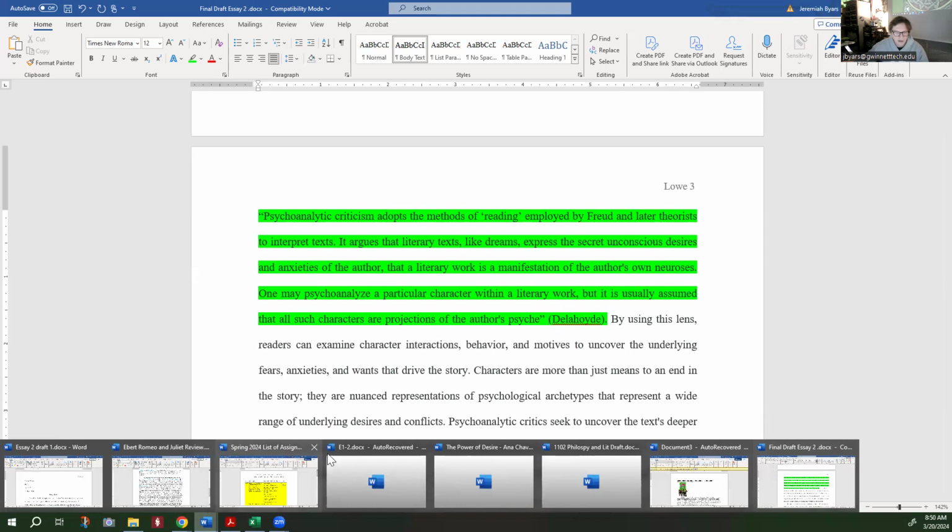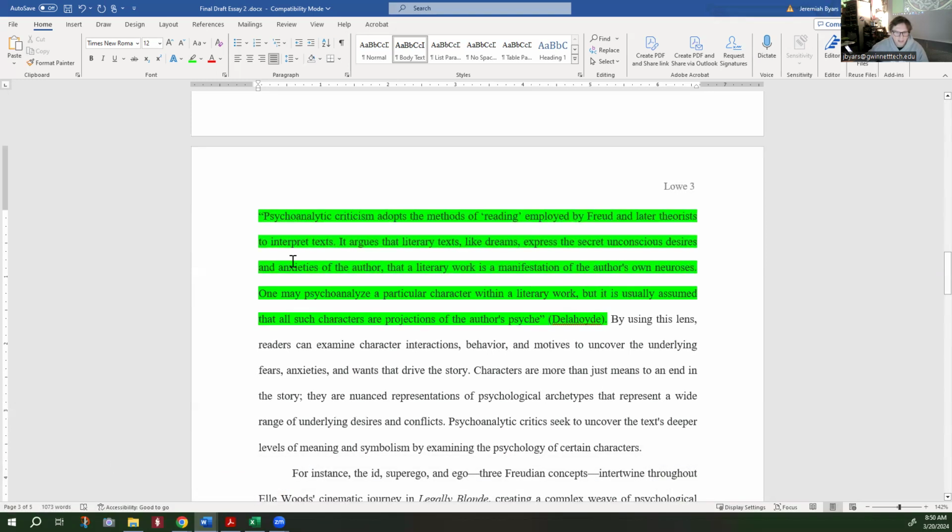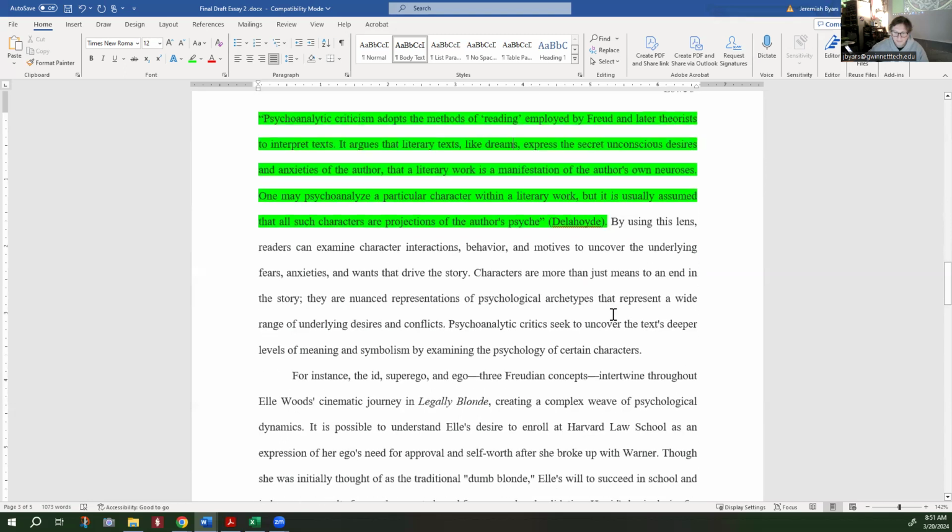I demonstrated how you turn a long quote into part of this that can be summarized in your own words, and then the other part can be quoted. You shouldn't have a quote longer than one line, honestly. You need to chop it up, make it into little phrases. That right there would be an error.